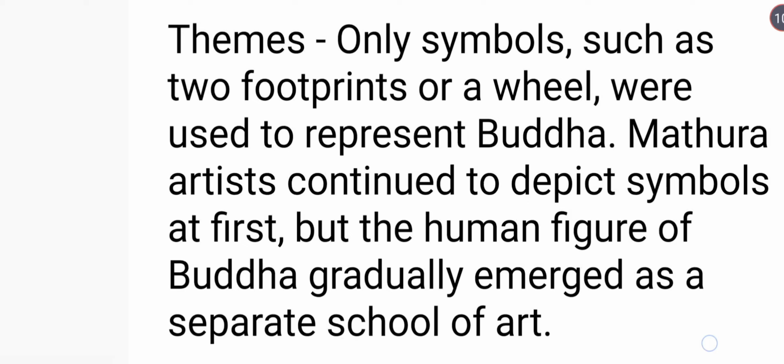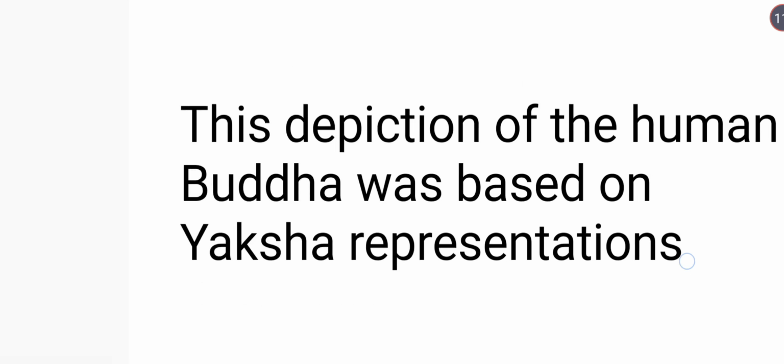Only symbols such as the two footprints or the wheel were used to represent Buddha. Mathura artists continued with symbols at first, but the human figure of Buddha gradually emerged as a separate school of art. This is a very special thing about the Mathura school.